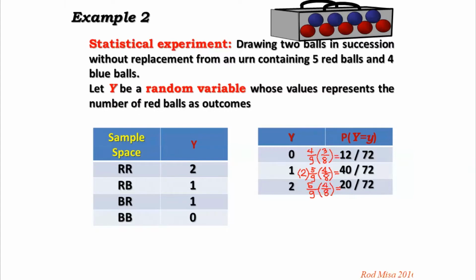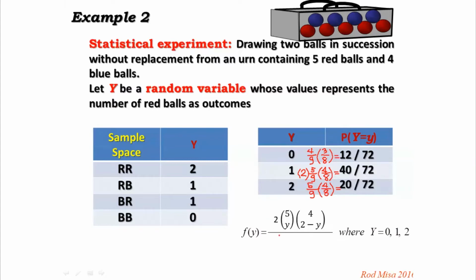However, we can represent this probability distribution through a formula, and the formula will be f of y, since our random variable is Y, where Y can have values 0, 1, and 2. And the formula is this one: 2 times the combination of 5 taken y times the combination of 4 taken 2 minus y at a time.